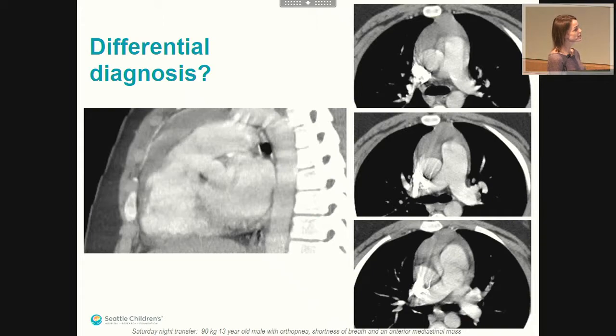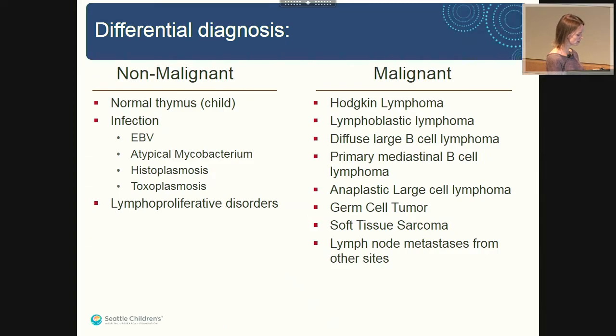So if you think about a patient with this CT scan, what might be on your differential? So there are some things that are non-oncologic, like infection. Normal thymus is one that, especially at adult centers where they're not used to seeing kids that have pretty robust thymuses, I don't know how to say that plural term, but sometimes even the presence of a thymus, adult radiologists will call a mass, and actually it is normal thymus.